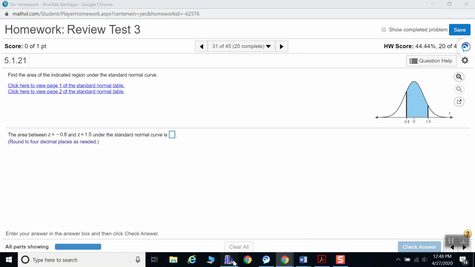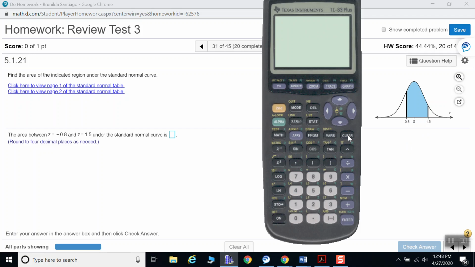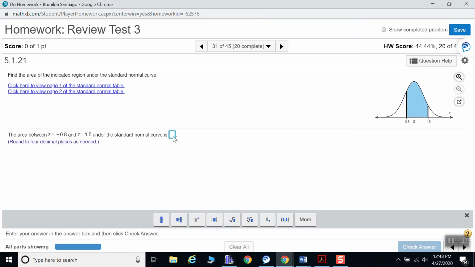So in my calculator, press clear, and then I go second vars, option 2, press enter, and it will be negative 0.8, comma, 1.5. According to what you see there, they want 4 decimal places, so it's 0.7213.